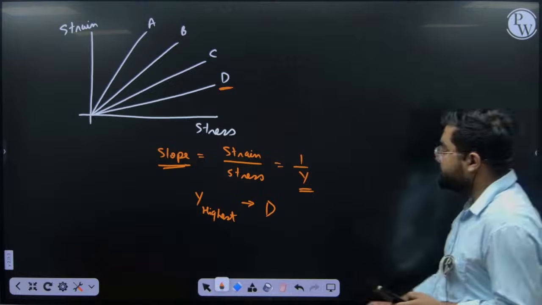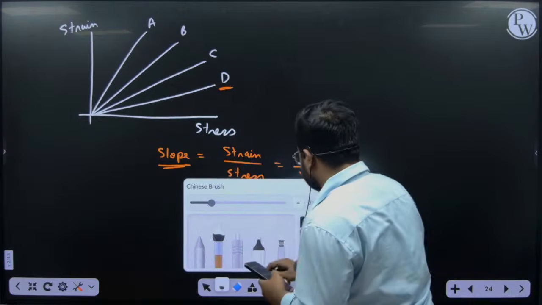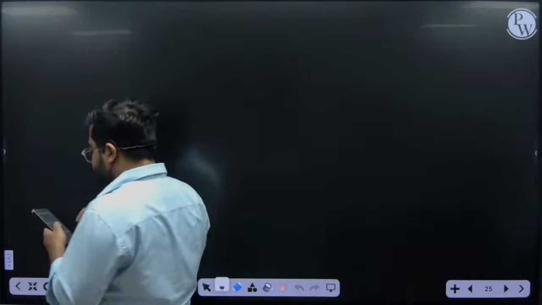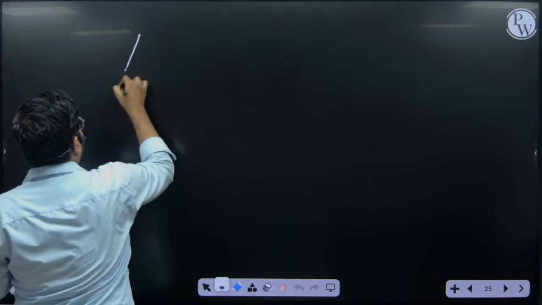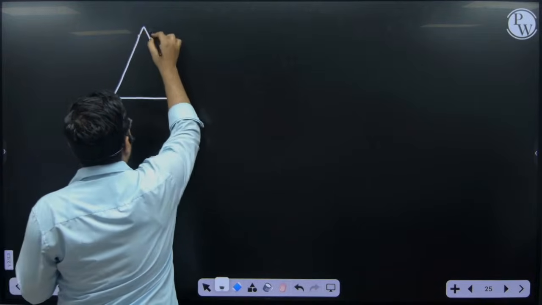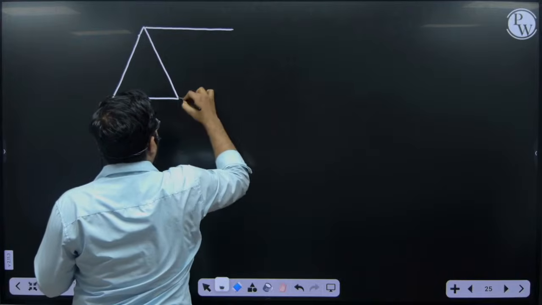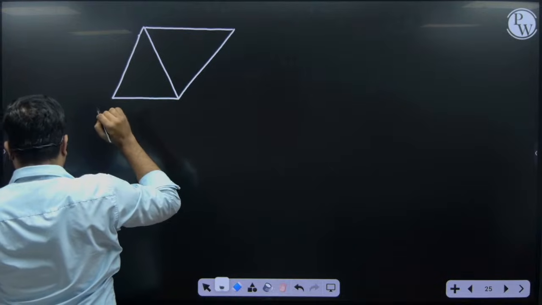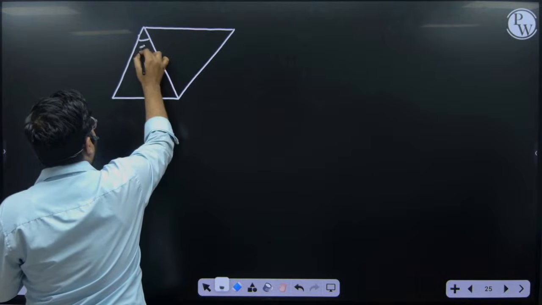Then let me show you another question which they have asked. They have given us a combination of thin prisms. So this is 5 degree.